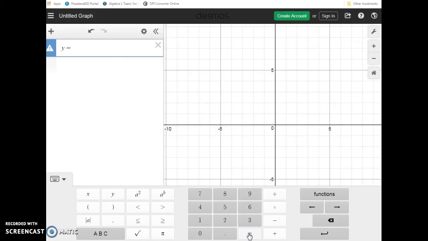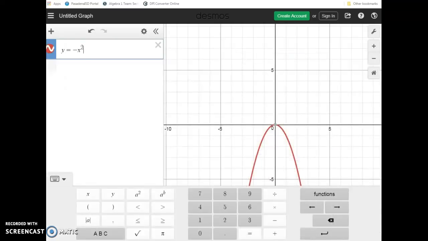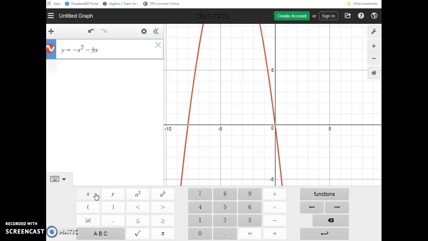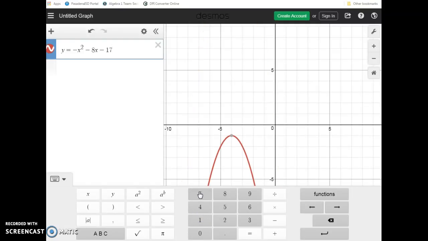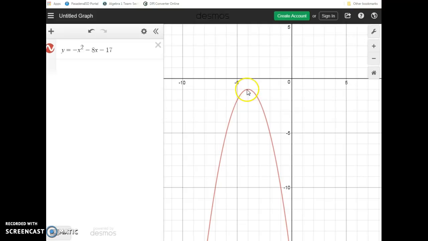Y equals negative x squared minus 8x minus 17. Here's my quadratic.